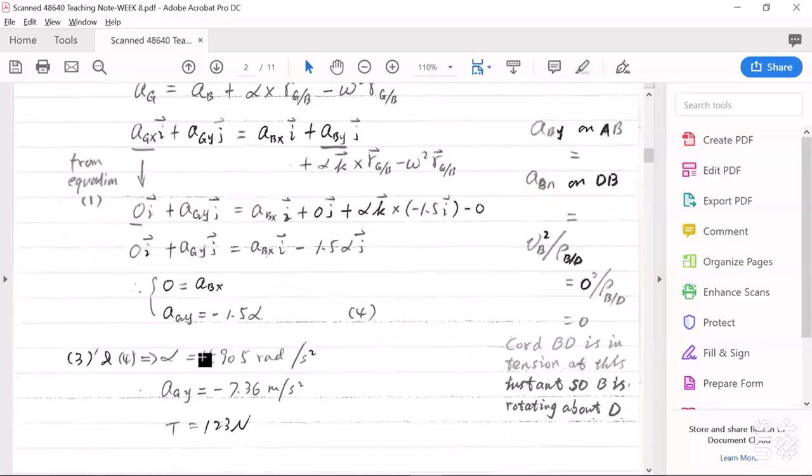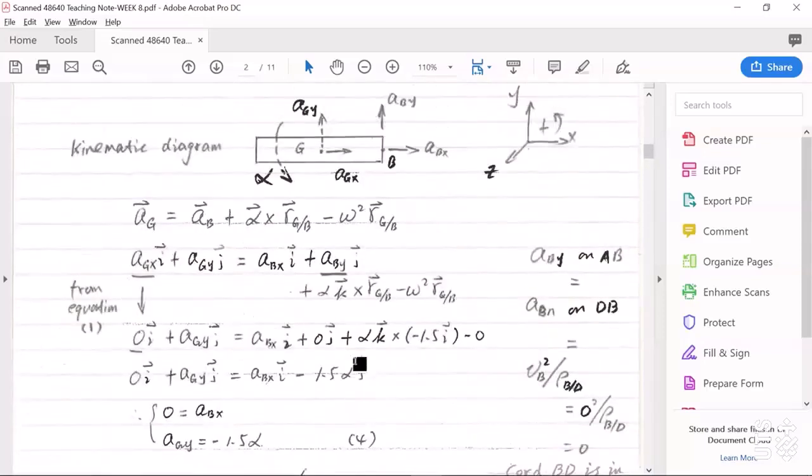And here you can see alpha is positive, so this means the assumed positive direction of alpha is correct. AGY is negative, so this means in the diagram the assumed positive direction of AGY is wrong.